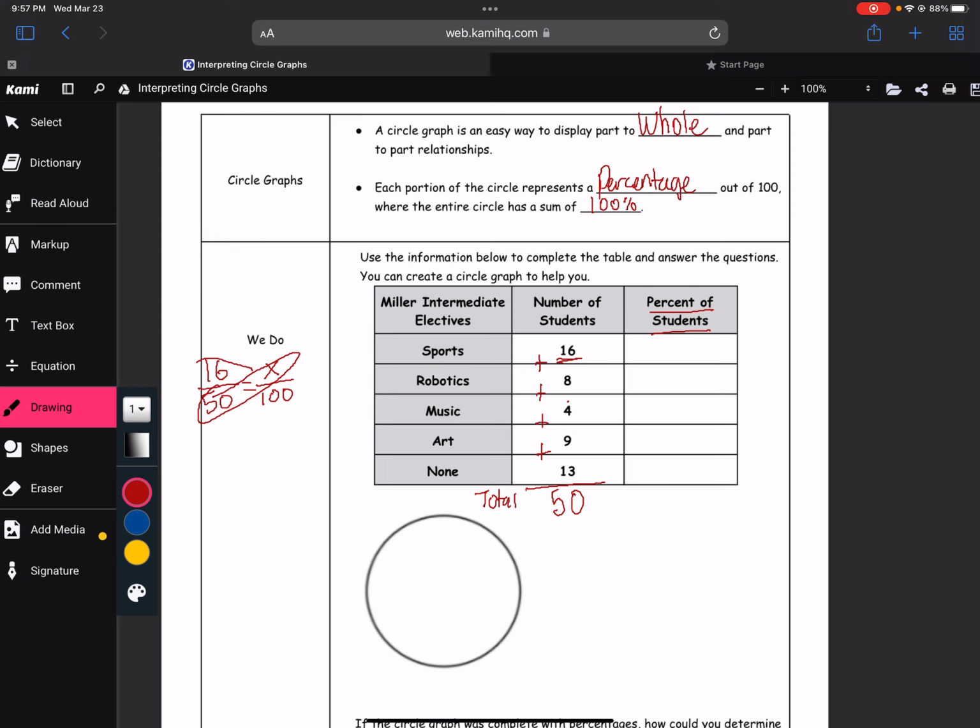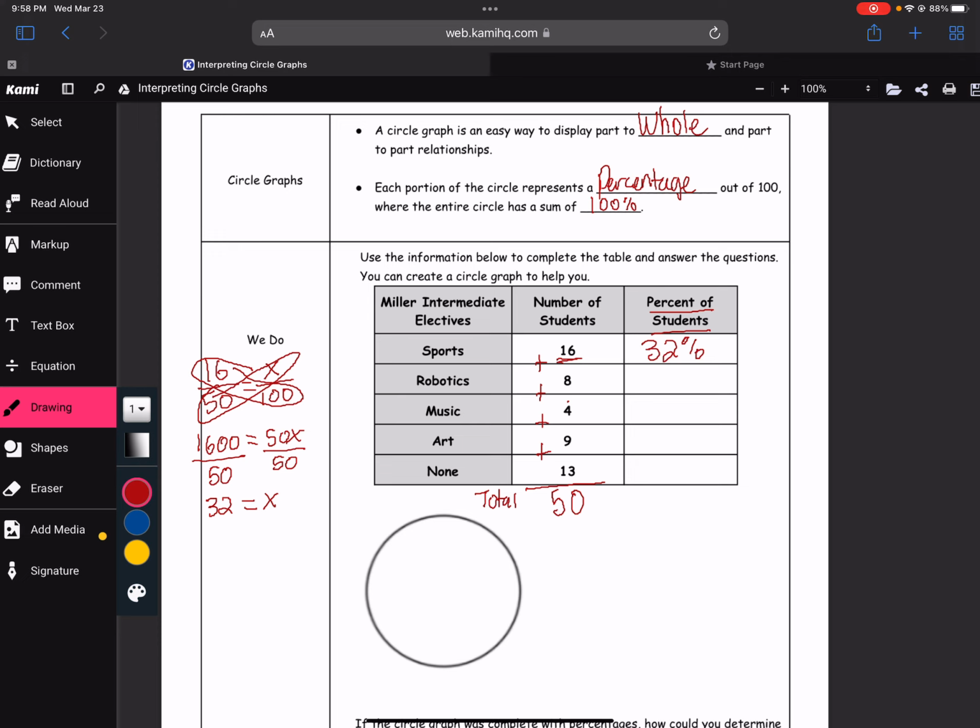We begin by cross multiplying. So 16 times 100 is 1600 equals 50x. We simplify, and solve for x. We divide by 50 on both sides, and that gives us x equals 32. That translates into 32%.